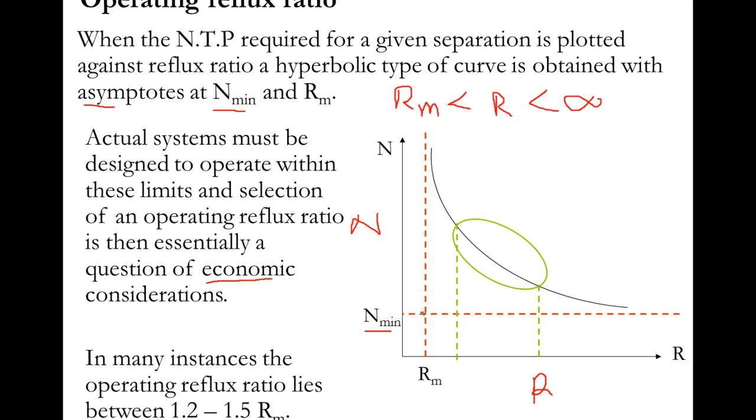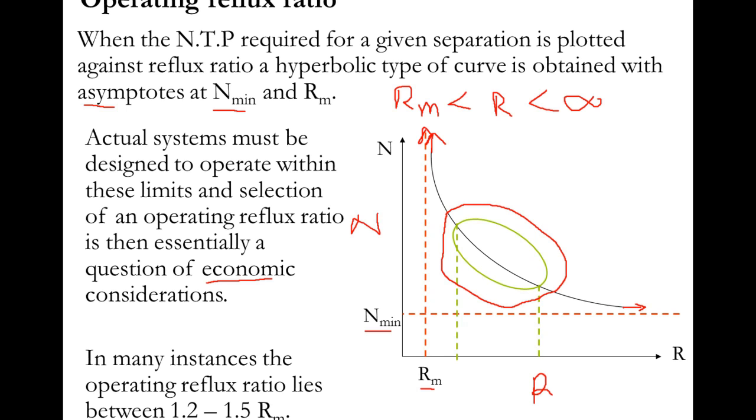On the other hand, when we get the minimum reflux ratio, the number of transfer units is going to be infinite. So the curve will not come into this line; it will go to infinity. Both these parts will go to infinity, so we cannot operate in these situations. So this is the area that we can operate, the operating reflux ratio.